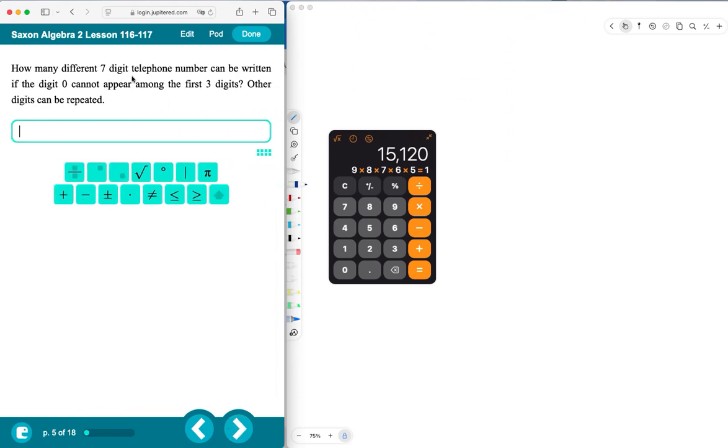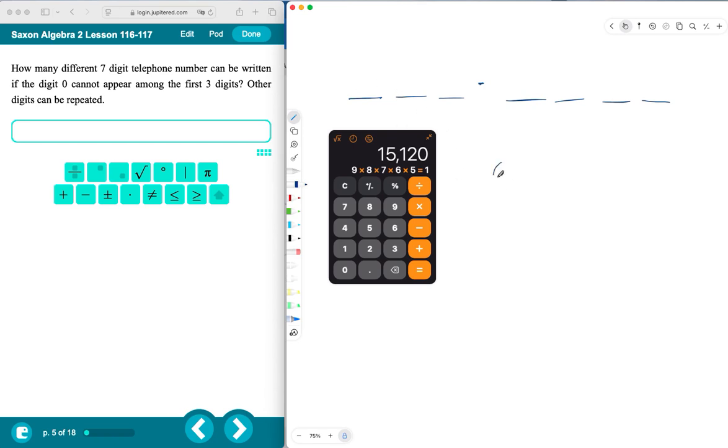How many 7-digit telephone numbers can be written if the digit 0 cannot appear among the first 3 digits? All right, let's think about a phone number like that. We can't use 0.